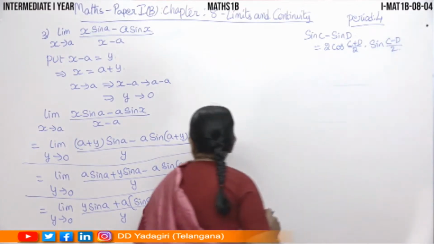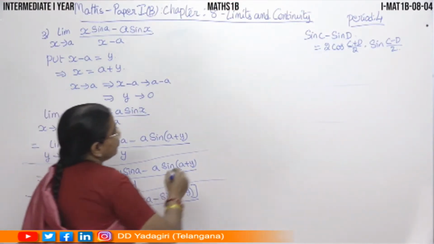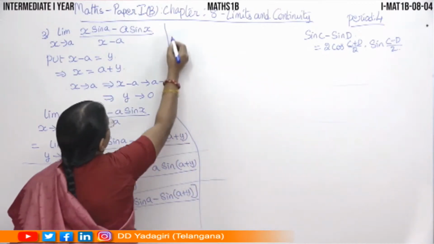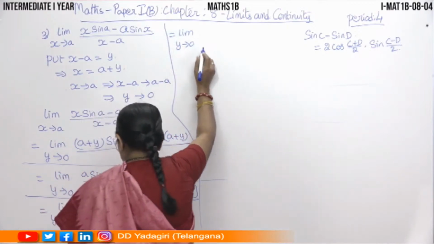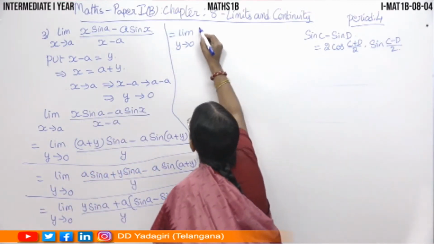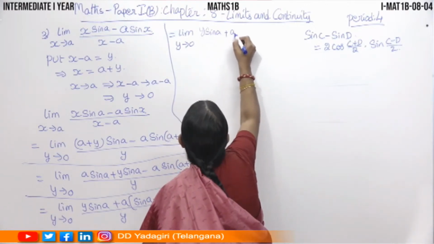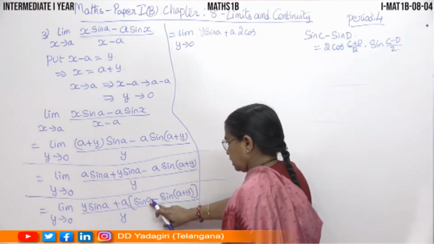So we write limit y tending to 0 of y sin a plus a into 2 cos((c plus d) by 2).